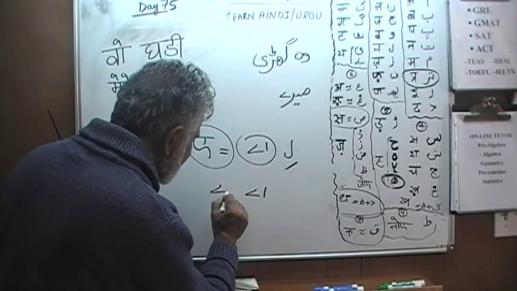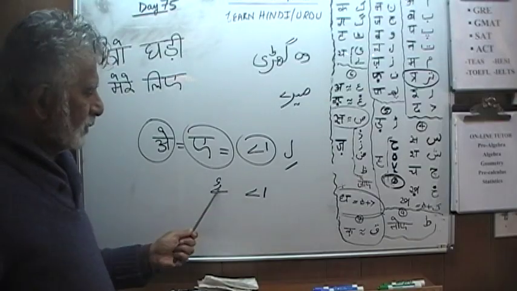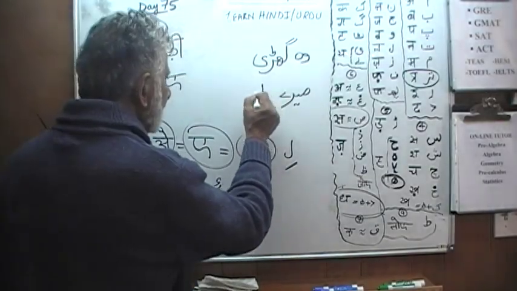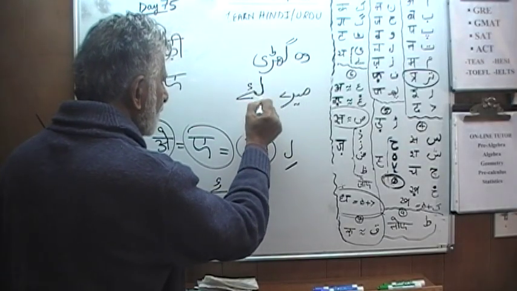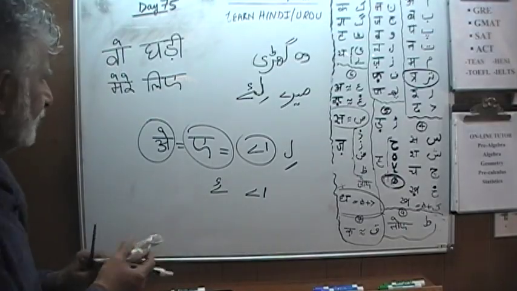We just write a badi A and we put a hamza on top of it. So we have to combine together li and A. So here's a lam, badi A, we put a hamza on it. That reads li.